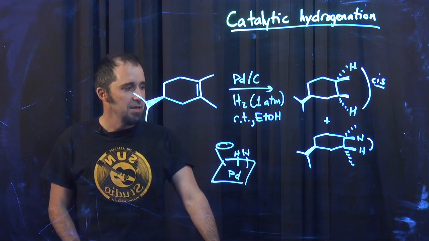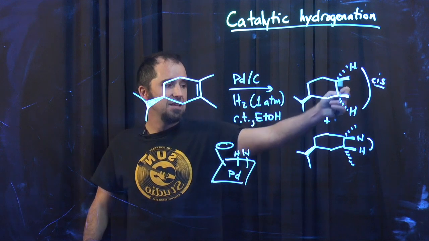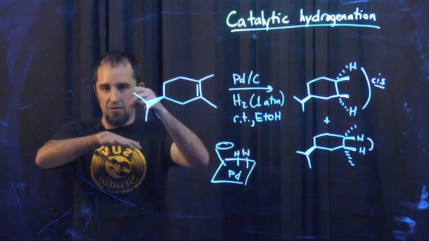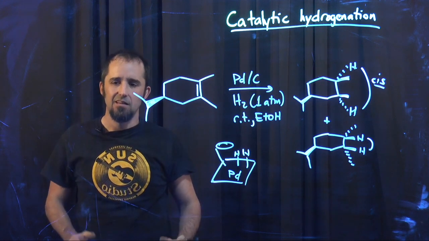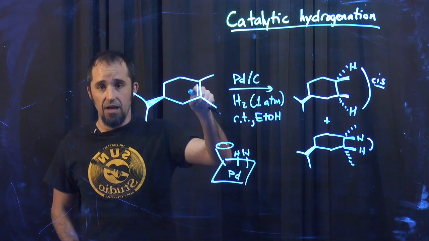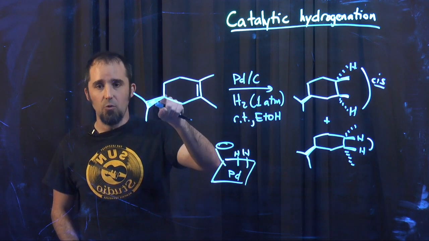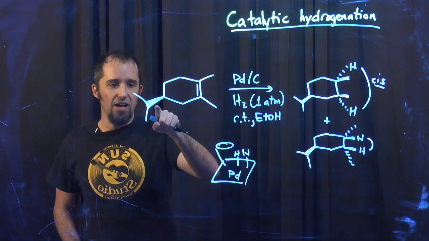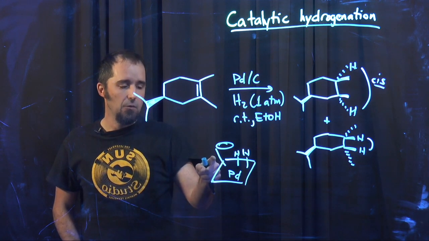So does that mean that I'm going to get 50% this and 50% that because alkenes are flat and it's equally likely to attach on both sides? Well, yes or no, right? This isn't really flat. This part is flat, but I've got this isopropyl group over here. That's not flat, right? This is going to affect how it comes onto the ring.